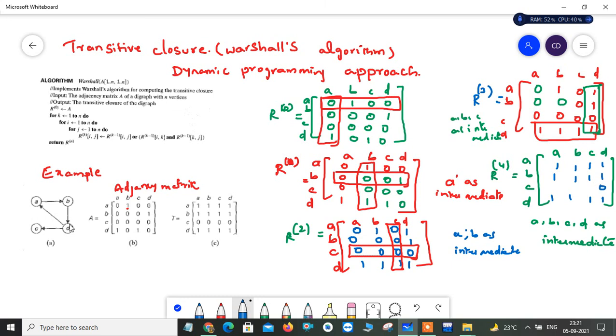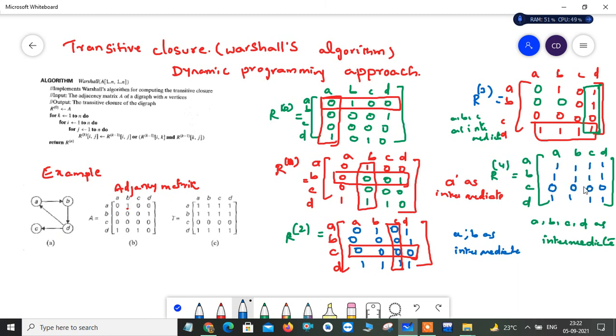Now, can I reach C to A with ABCD as an intermediate? No, I can't reach. See here, I cannot move from C to anywhere. So from C to A, the value is 0. Can I reach C to B? No. Can I reach C to C?